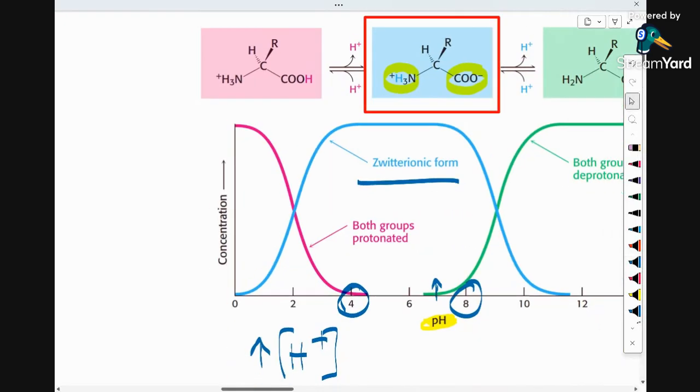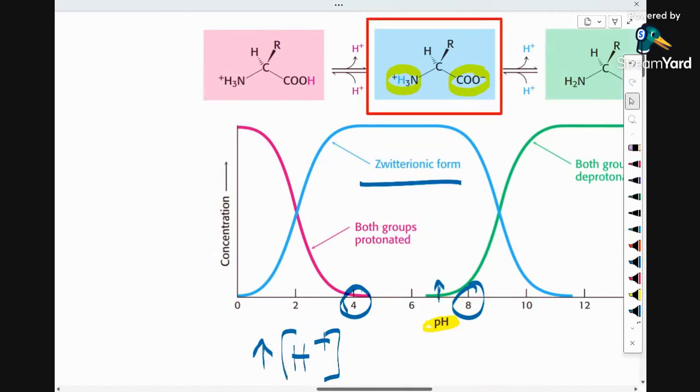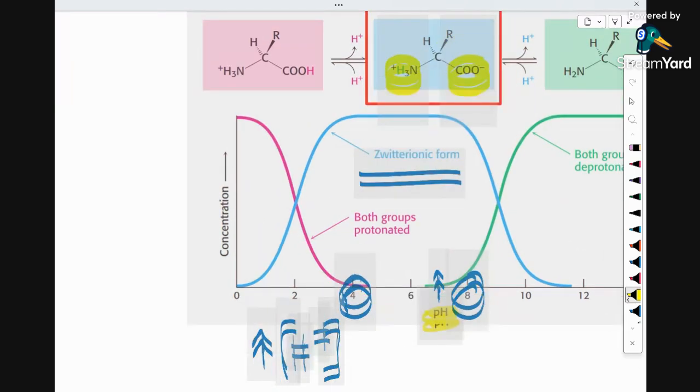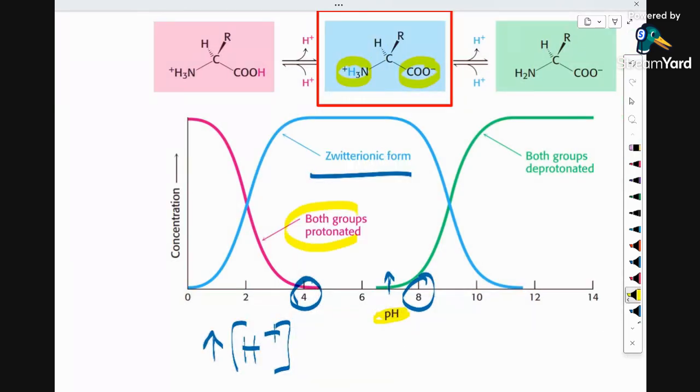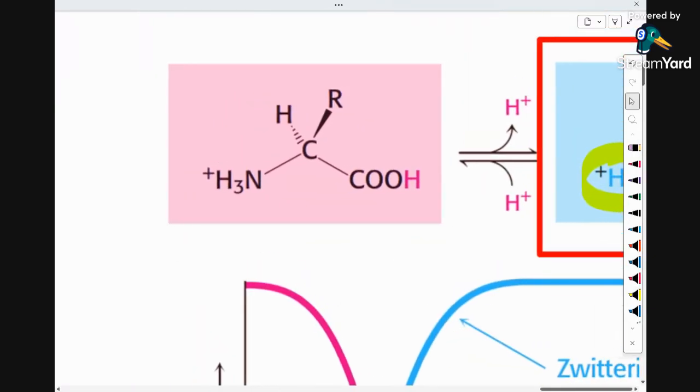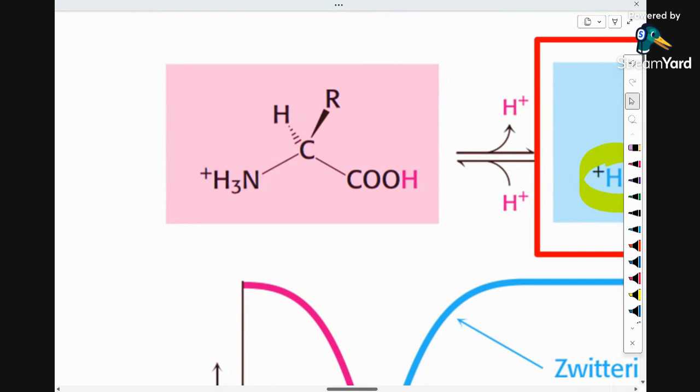So as you decrease the pH away from about pH 6 or pH 7, you start to increase the concentration of protons, and therefore both groups are protonated. So you start to increase the percentage of amino acids that now have a proton on the carboxylic acid group and a proton on the amino group.